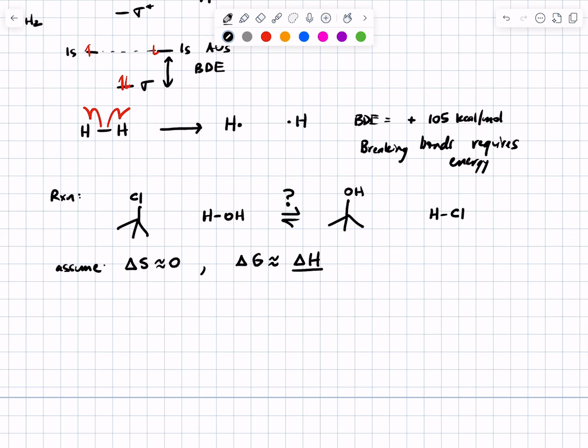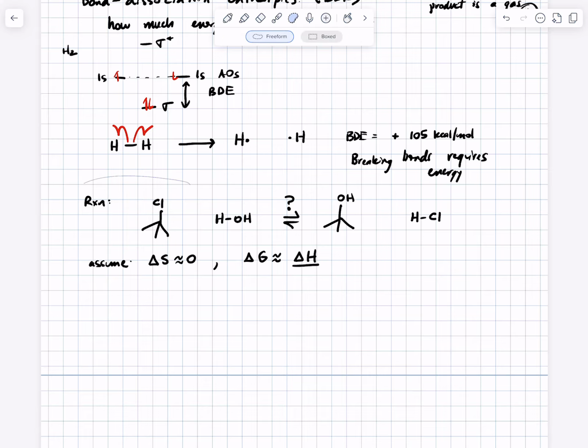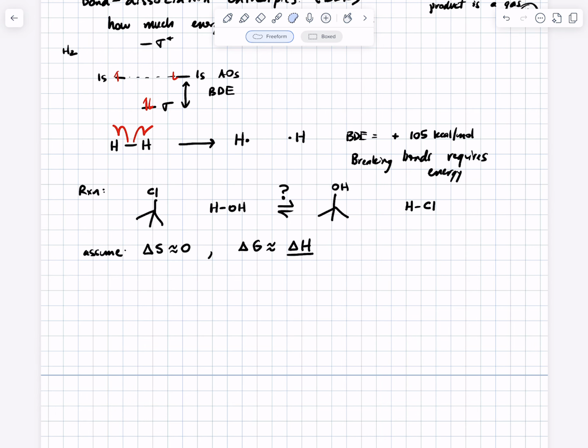Okay? So what we're going to do is total up the bond dissociation enthalpies for the bonds we break, and compare that to the bond dissociation enthalpies for the bonds that we make.